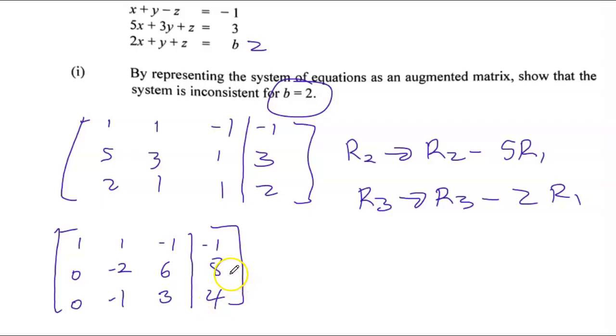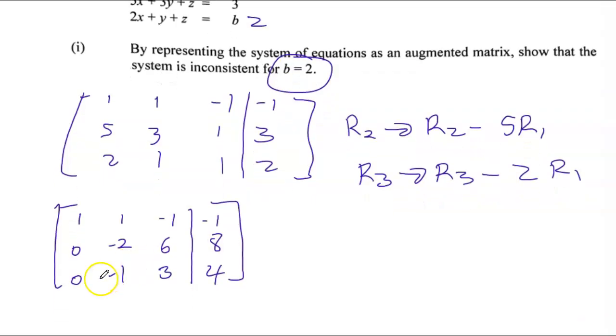So let's continue. We attempt to change our row 3. To get a 0 here, since minus 1 plus 1 will give you 0, to get a plus 1 here, we multiply by a negative half. So row 3 minus half of row 2.